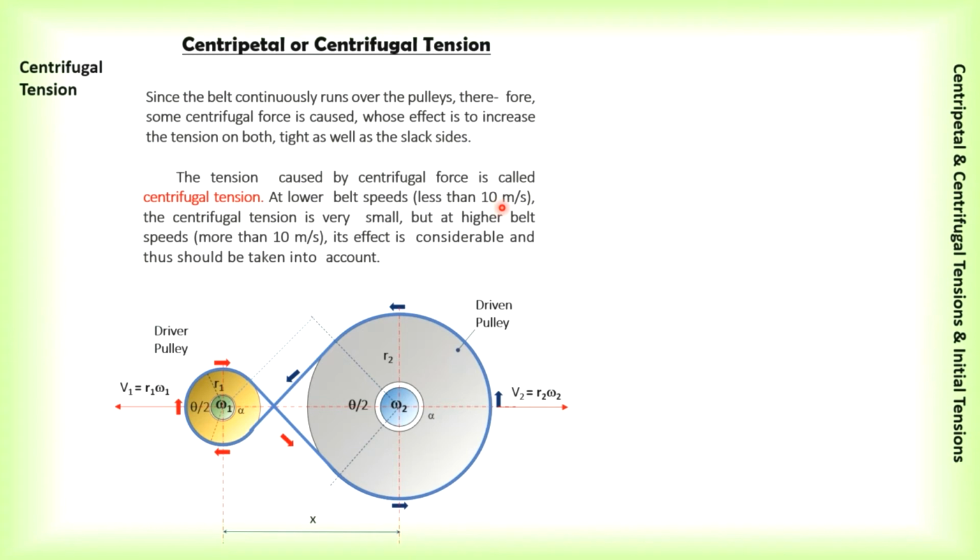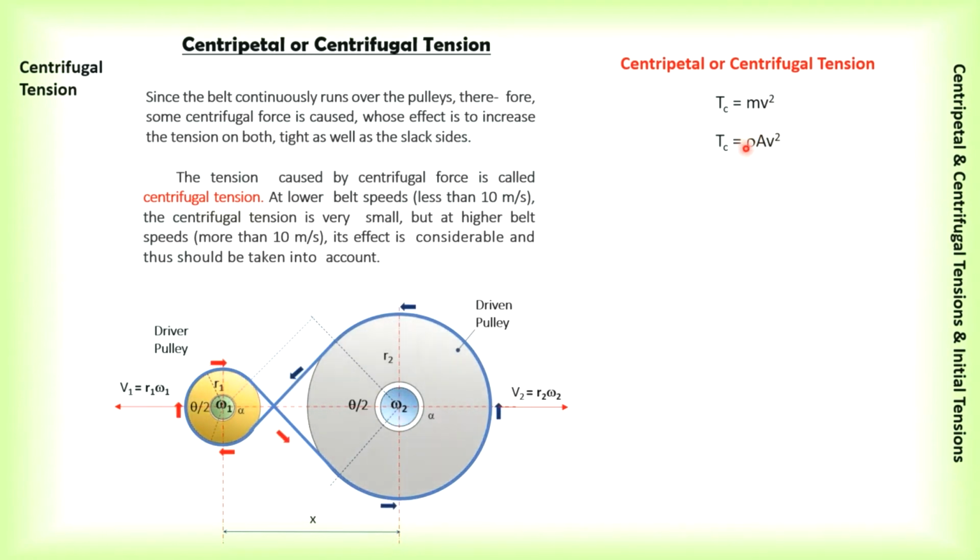Usually the centripetal or centrifugal tension is denoted by the symbol T with a subscript C. So TC, the centrifugal tension, can be found by mv squared, or mr omega squared, or it can be found by using rho A.